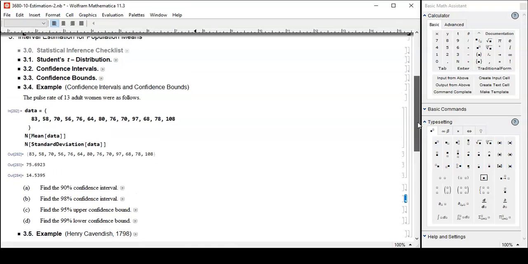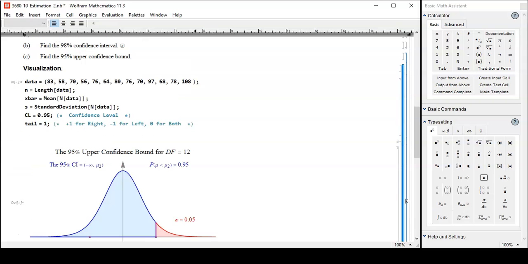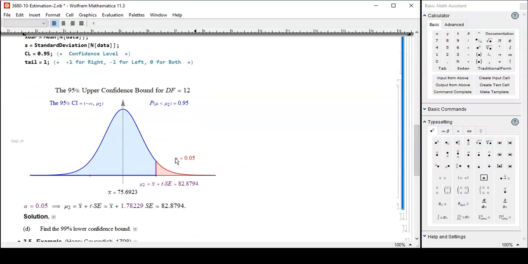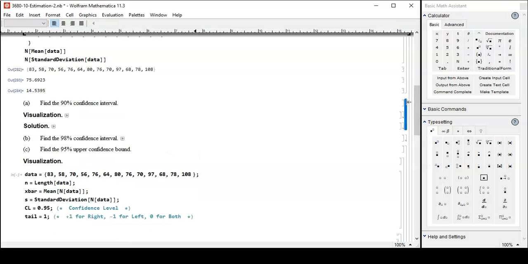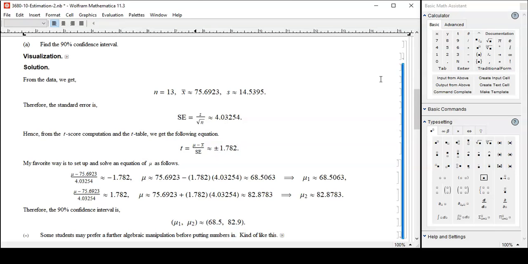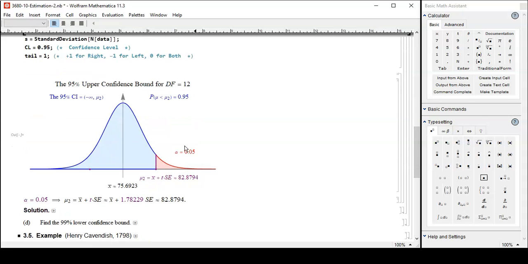All right, how about some confidence bound problems? 95% upper confidence bound. Here's a visualization. Oh, it's already here. 5% here, and then nothing, just all blue. So if you look at 5%, actually this is the same as this problem as far as the t-score is concerned, 1.782, but not minus 1.782, only plus 1.782.